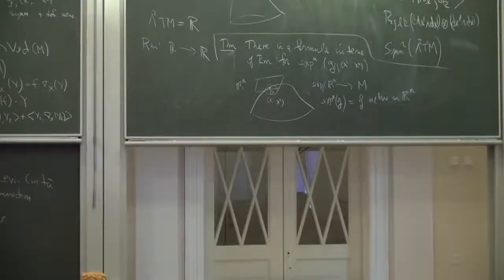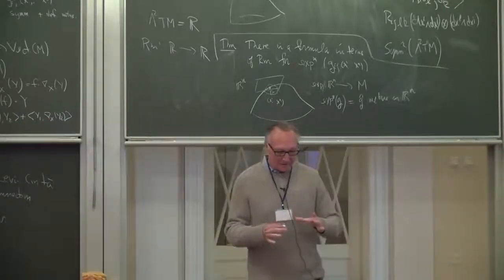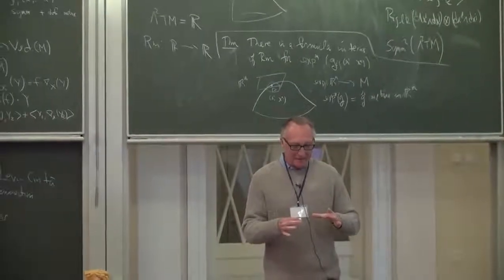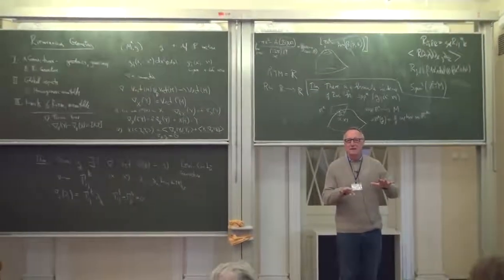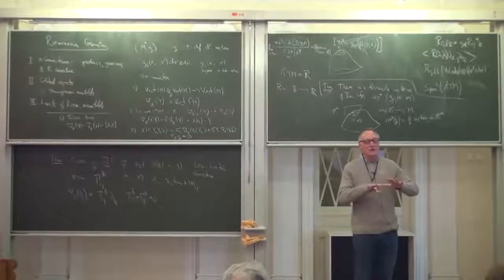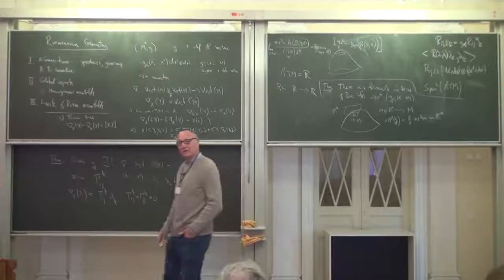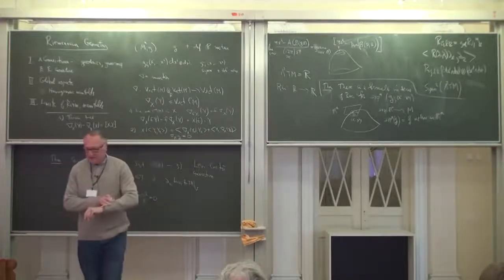So for example, you could ask the question, when is there a local coordinate system in the neighborhood of the manifold so that the metric looks like the standard Euclidean metric, in other words, is a standard flat metric? And the answer is: if and only if the Riemannian curvature tensor vanishes throughout that neighborhood. Okay, all right, well, that was the local theory.